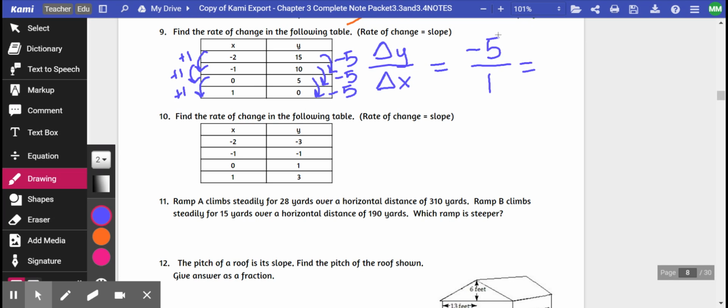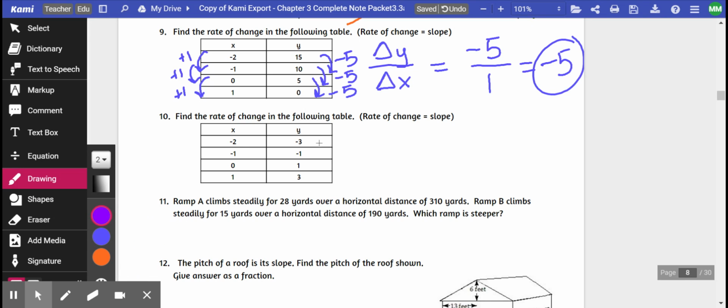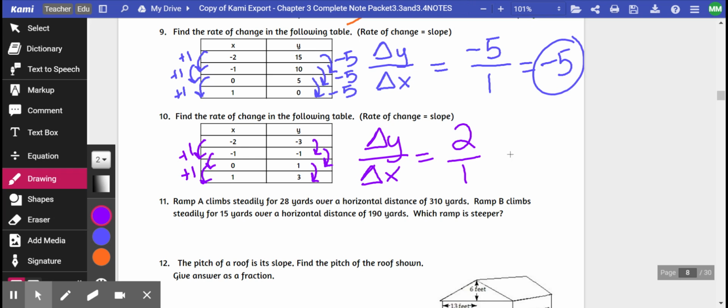So I can write this as -5/1 or -5. Same thing for this one. If we look at the pattern here, we can see that these are increasing by 2. So the change in y is a +2, and the x values are a +1. So it would be 2/1 or 2.